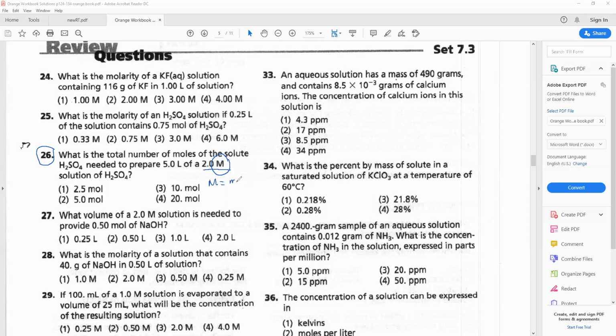So molarity is moles over liters. My molarity is 2, so I'm going to put it where the capital M is, equal to moles. I'm looking for that. And how many liters do I have? 5 liters. I'm going to put 1 and cross multiply, and I'm going to say moles is equal to 2 times 5. So therefore, I need 10 moles.